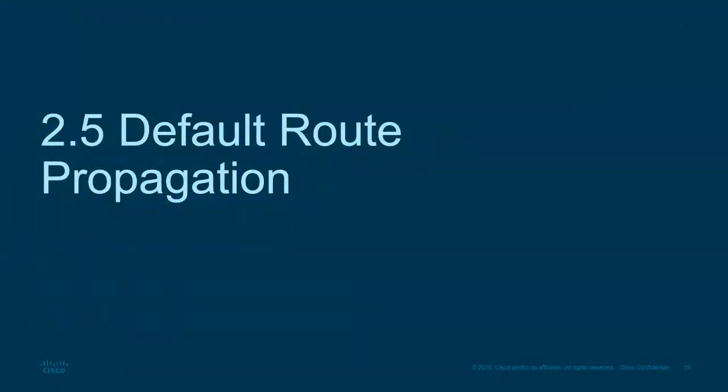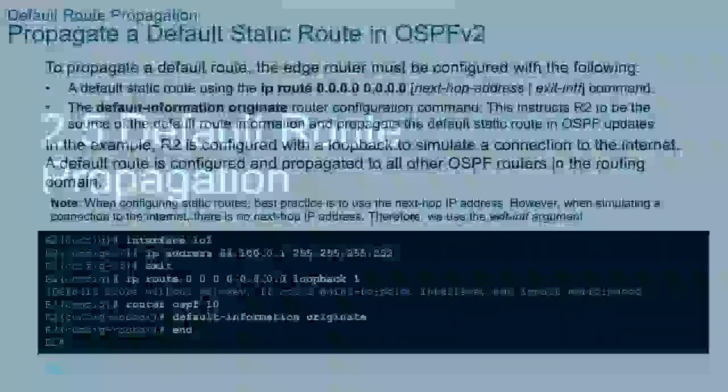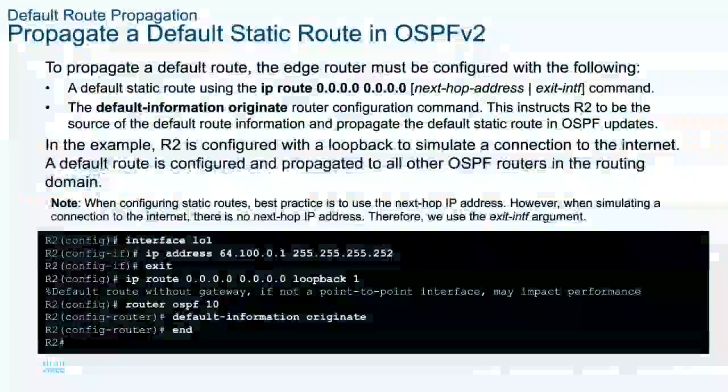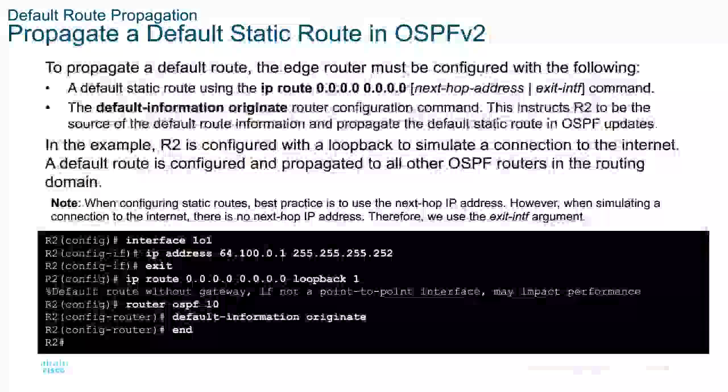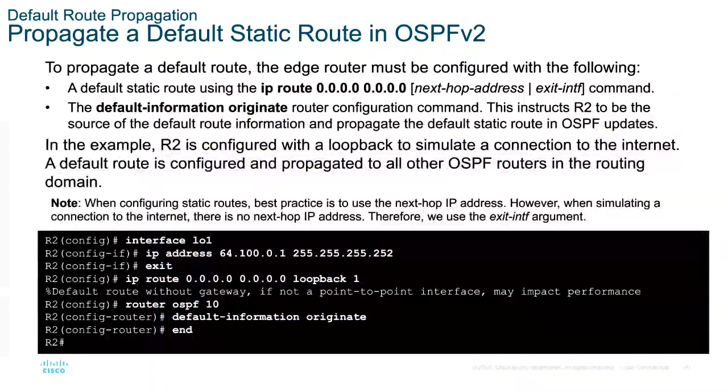Default route propagation. So we want to be able to find the internet. That's the most common reason we have a default route: it's not part of our network, send it out this gateway. So the static default route is ip route 0.0.0.0 0.0.0.0 and then the next hop address.